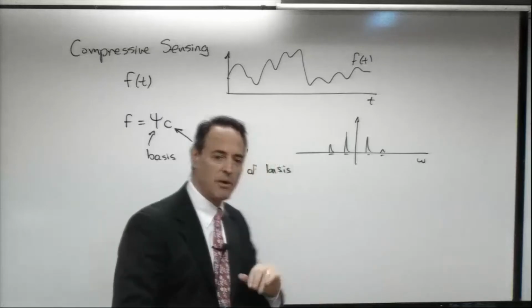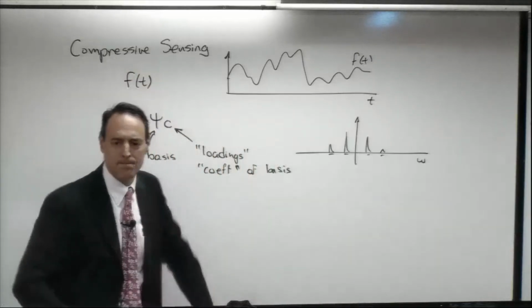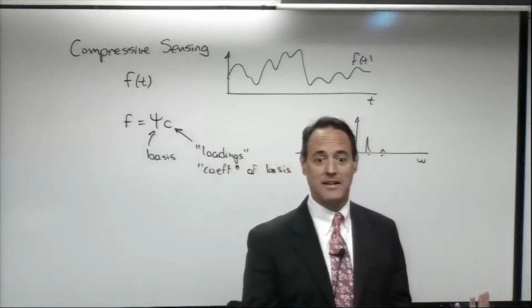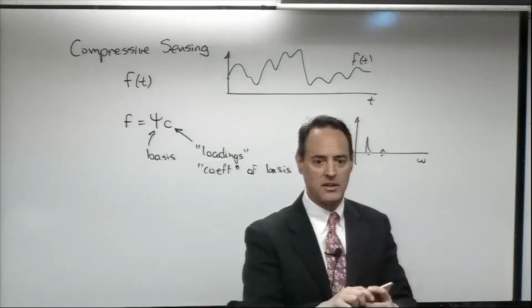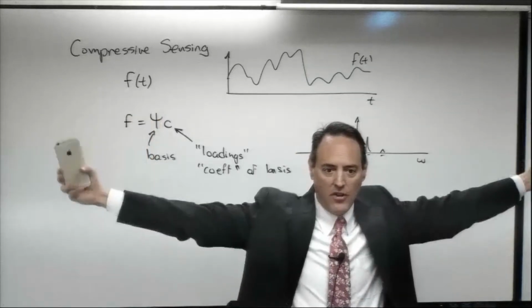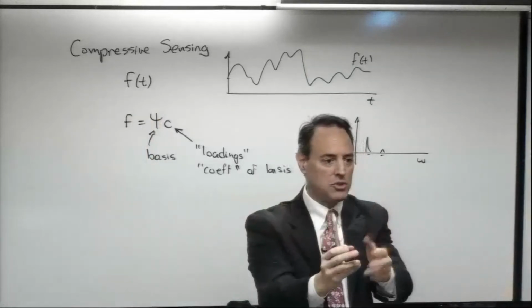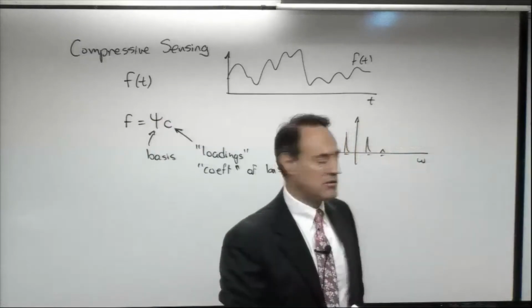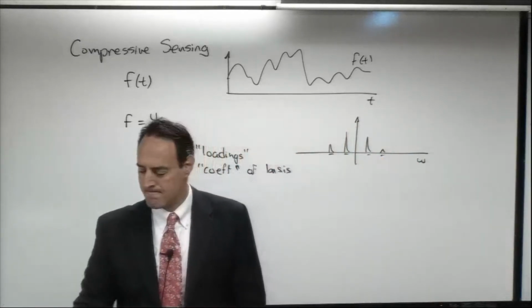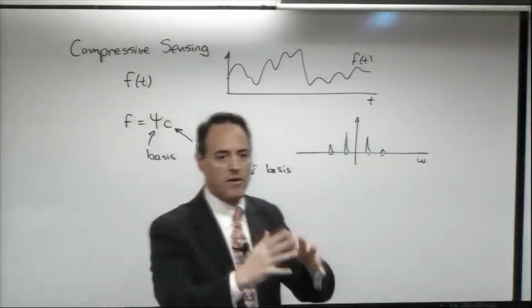So the idea of compressive sensing is the following. If you're going to throw 99% of my data away to begin with, what if I just collected the right information to begin with? Instead of collecting all this information, I collect just what you need to represent that. Does that make sense? I'm not going to throw everything away.